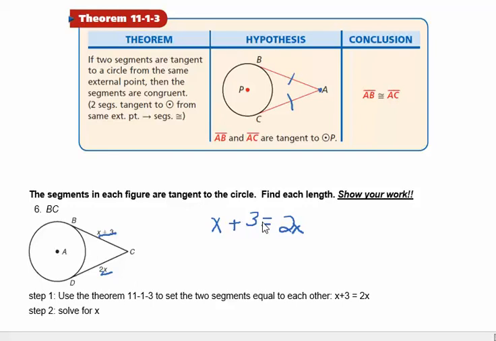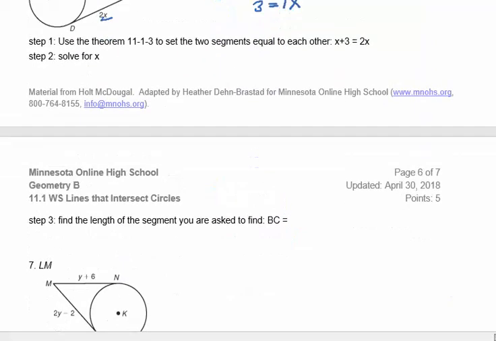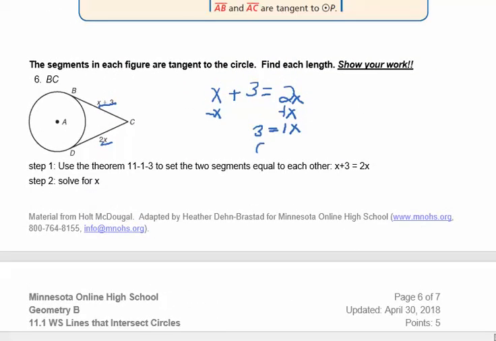So to solve this for x, I'll subtract 1x from both sides. 2x minus 1x is 1x, so 3 equals 1x, or x equals 3. Now that I know what x is, I still have one more step, which is to find what segment BC is.